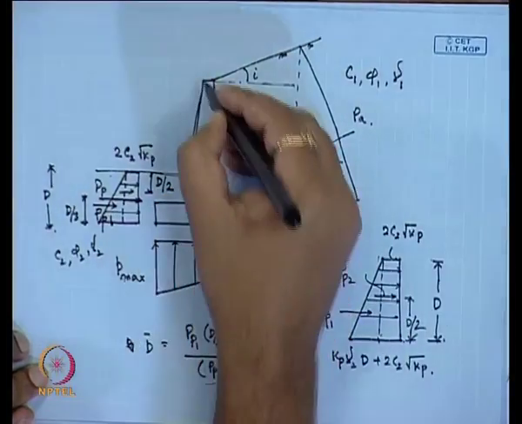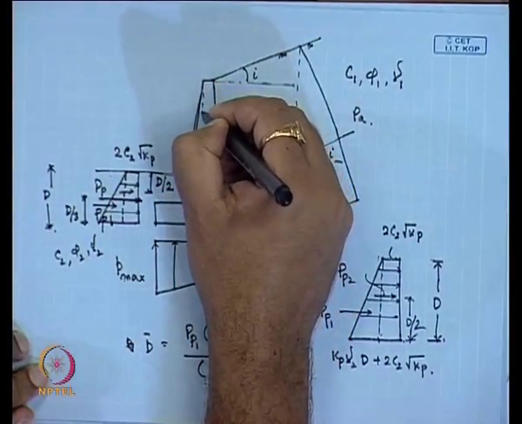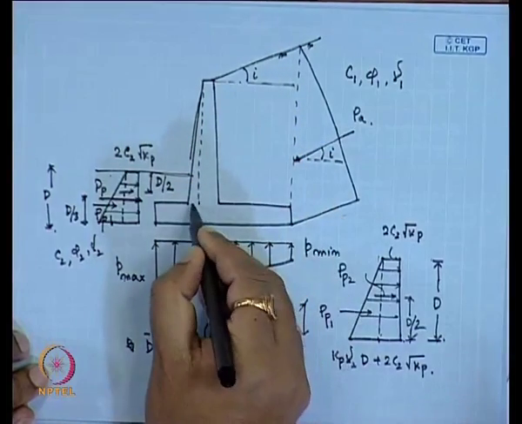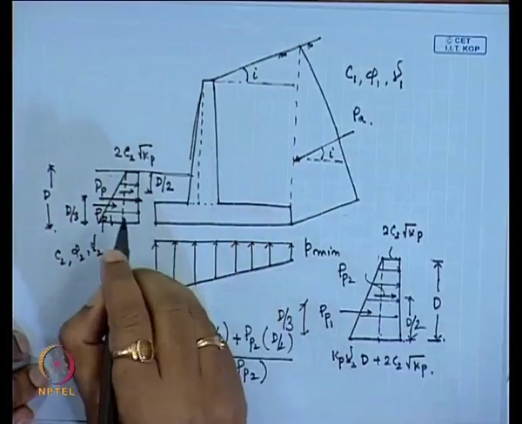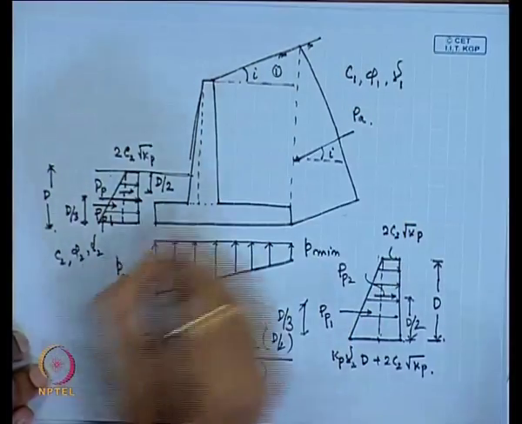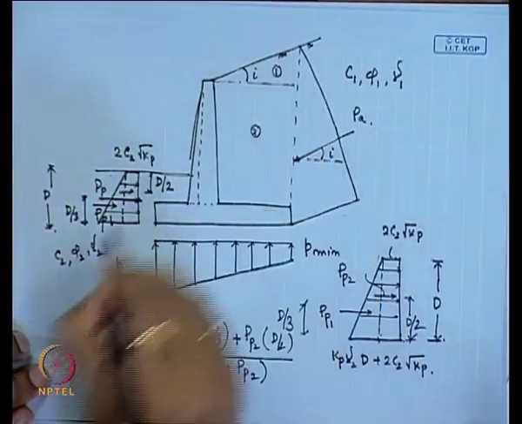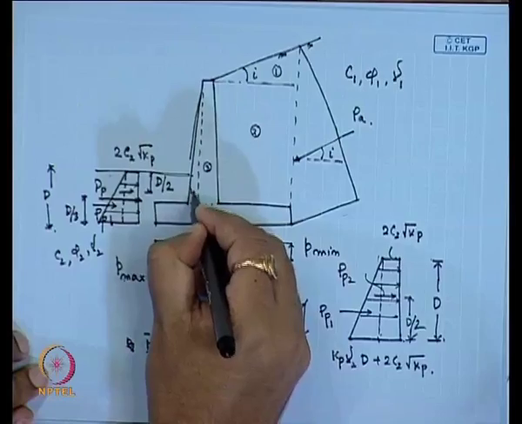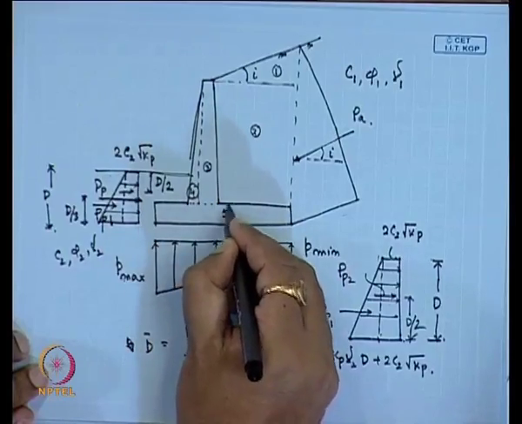Now, for the weight calculation, we can divide this retaining wall into different sections. First we consider this as section 1, this is section 2, this is section 3, this is section 4, this is section 5.